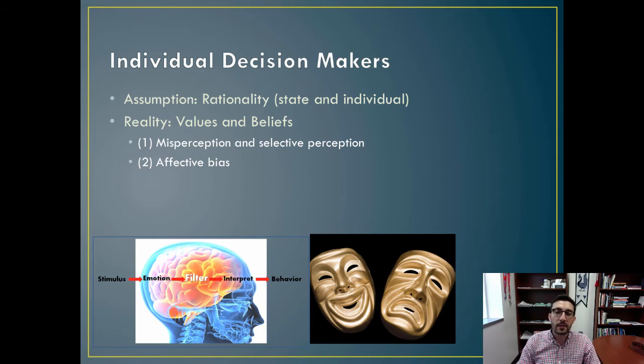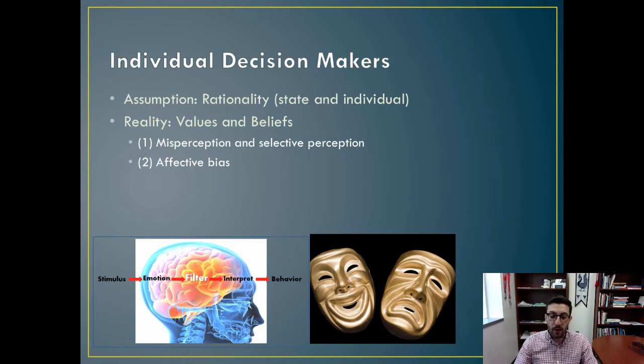Another one is affective bias. This refers to positive or negative feelings that individuals have toward other individuals or even countries. Whether we like it or not, that's the reality we face when thinking about individual decision-making processes.